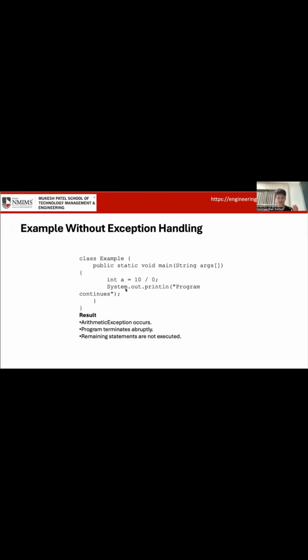As a result, the next statement will not be executed, as I told you on the previous slide. The result here will show that an arithmetic exception occurs. The program will get terminated, it would stop, and the remaining statements won't be executed.